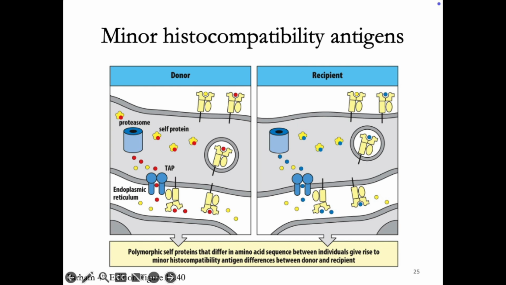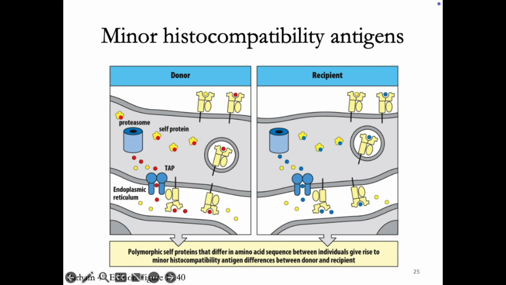So let's imagine that I desperately need a kidney. I know it's very sad. We find that David and I have a perfect MHC match. 100%, all of our MHC class 1s, all of our MHC class 2s, perfect MHC match between me and David.